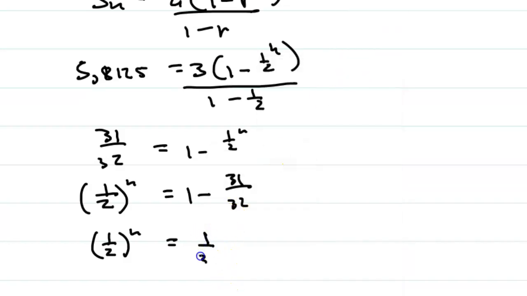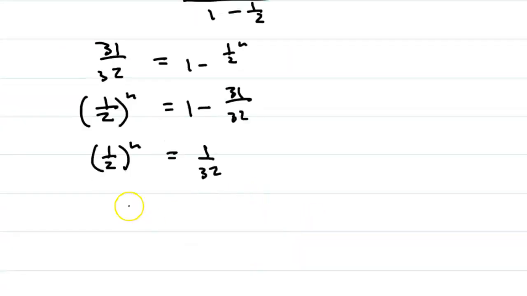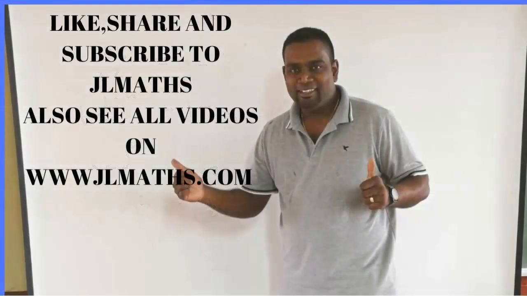Remember, 2 to the 5 is equal to 32, so it's going to be half to the 5. Therefore, n equals 5. And there we go, solving for n gives n equals 5.